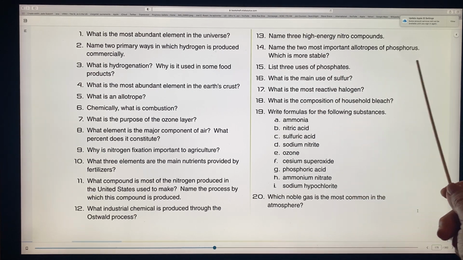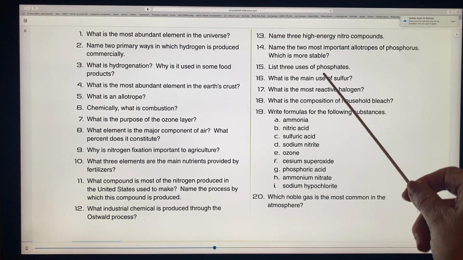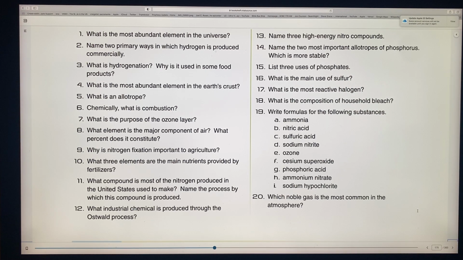Name the 2 most important allotropes of phosphorus. Now we're talking about phosphorus. Phosphorus has 2 allotropes that look different, but they're both phosphorus. So that's what allotropes are. One is white phosphorus, and the other is red phosphorus. Those are the 2 different allotropes. And which is more stable?